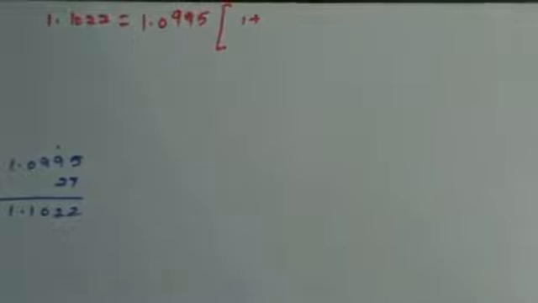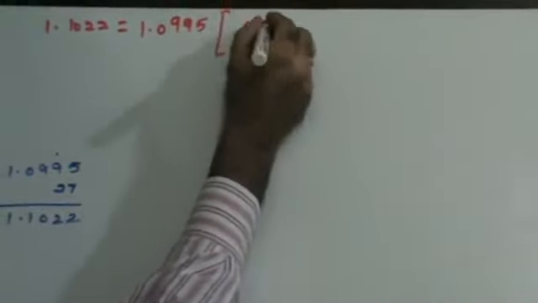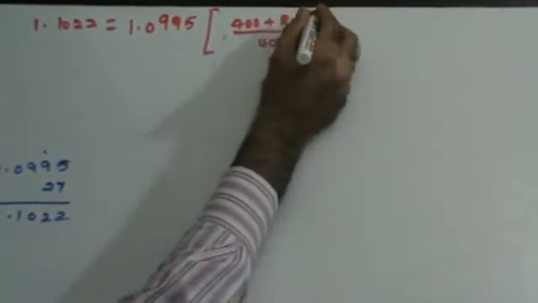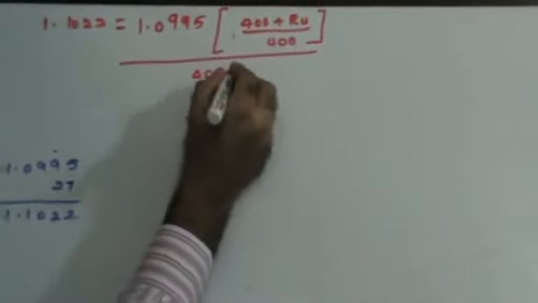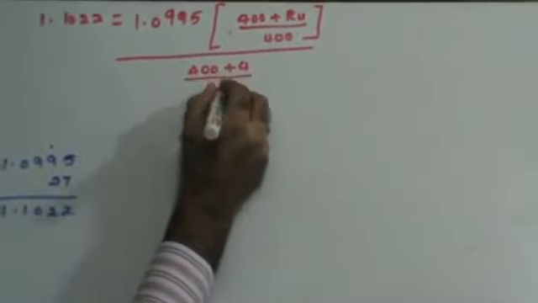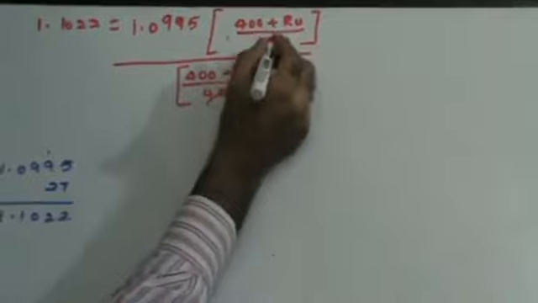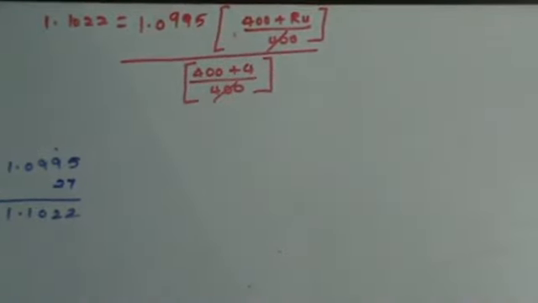1 plus, here I can take LCM, so this will be 400 plus RV upon 400, divided by 400 plus 4 upon 400. Right? Common denominator 400 gets cancelled. 400 in the denominator, and both the denominators get cancelled.